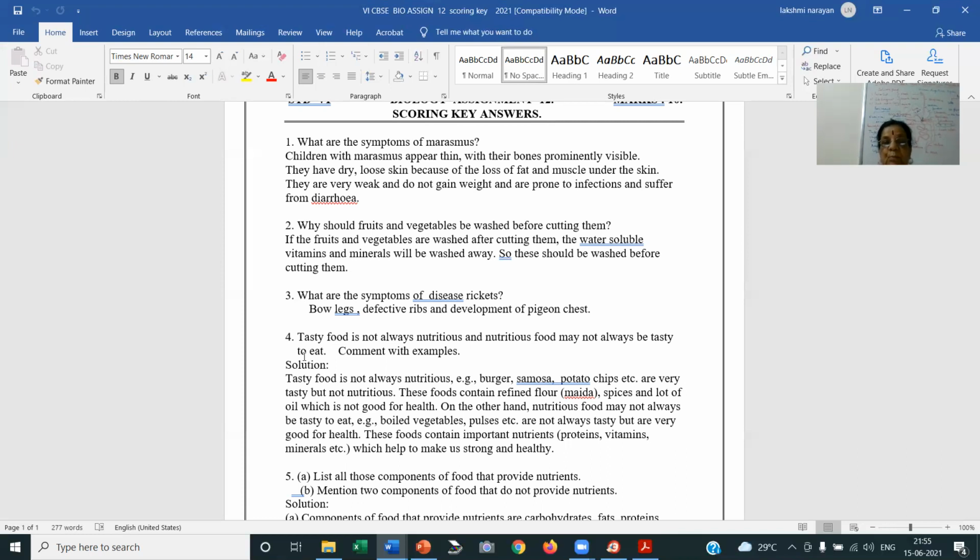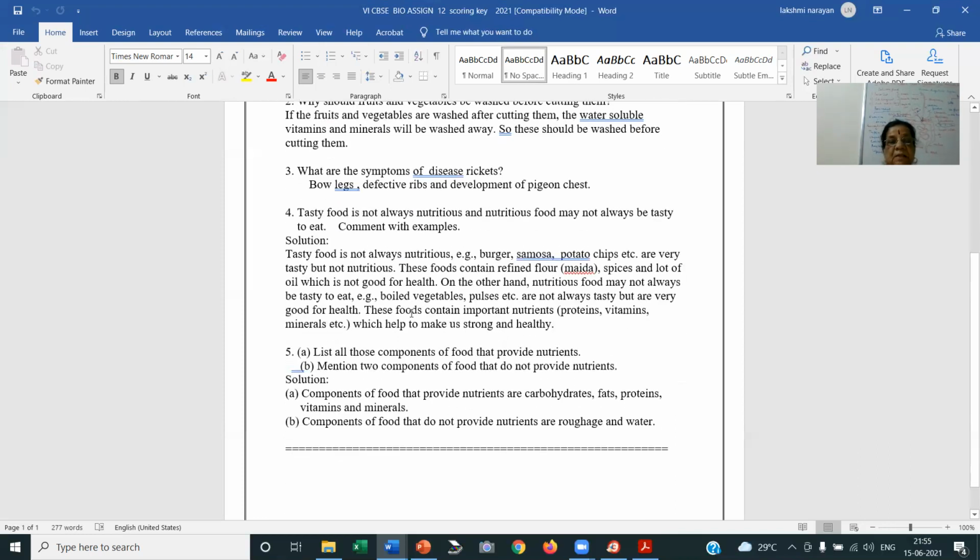For example, boiled vegetables and pulses are not always tasty, but they are very nutritious and good for health. These foods contain important nutrients: protein, vitamins, and minerals, which help make us strong and healthy. I hope you understand this.